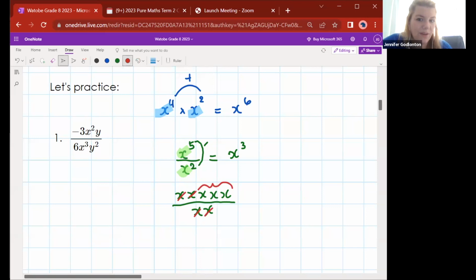Okay. All right. One last question with this, and then we'll jump back into number 1. What if this was the other way around? What if I had x squared at the top and x to the power of 5 at the bottom? What would my answer be then?